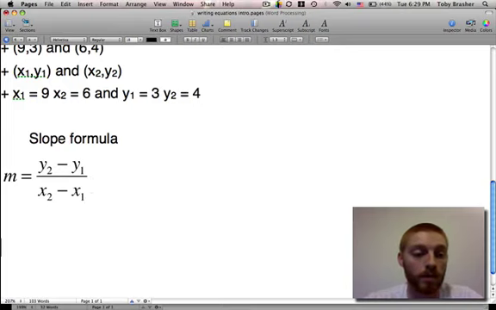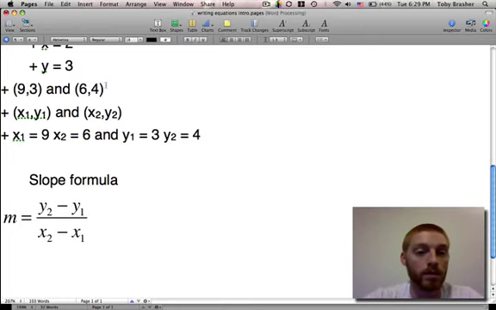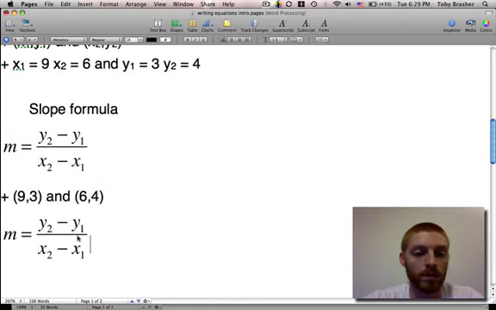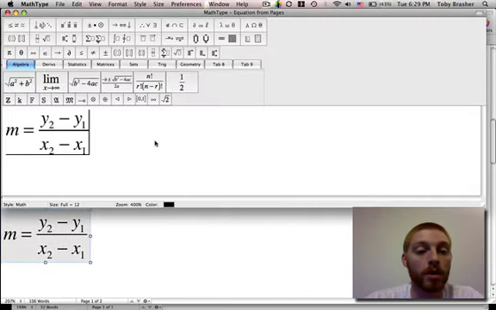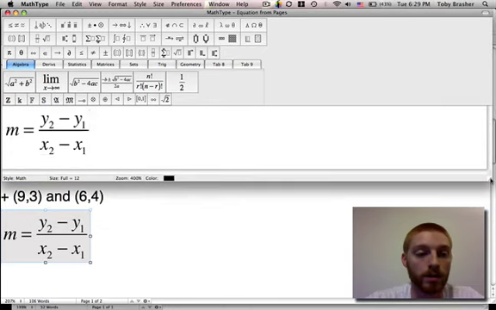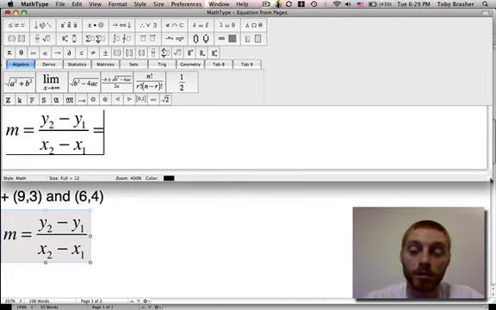Okay, so let's do a small example. Let's use the problem we had up here. What I would want to do is go into my formula and, instead of using the subscripts, replace those variables with their values.